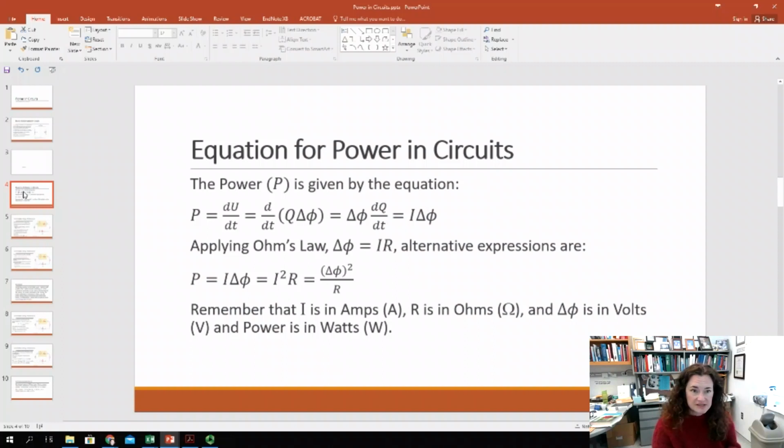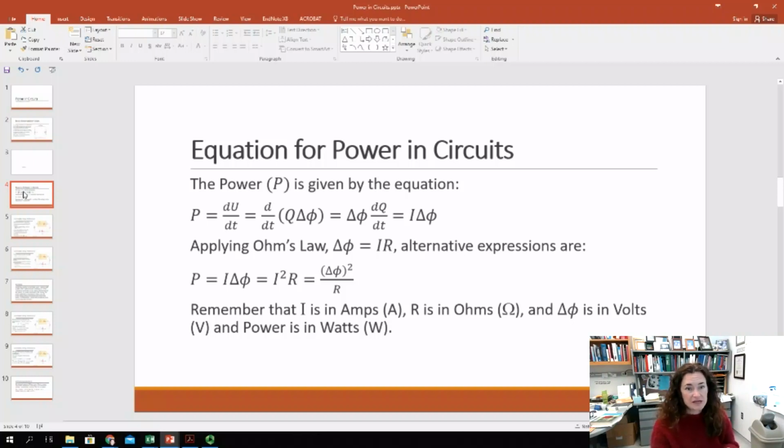To derive this, let's think of it as the rate of energy lost by the battery, or provided by the battery. So that would be the power is equal to dU/dt, where U is the internal energy from the battery, the chemical energy that the battery is supplying. We can write that as the charge moved by the battery times the voltage of the battery, or Q delta phi.